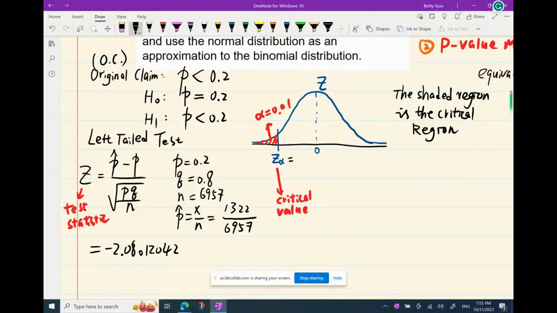We're not using the table. The function we are going to use in the calculator to figure out Z sub alpha, the critical value, is inverse normal. Let's go to second verse. At this point, you should be very familiar with what I'm talking about. When I say second verse, you know we have a list of distributions to choose from.